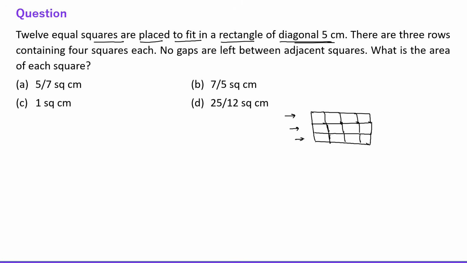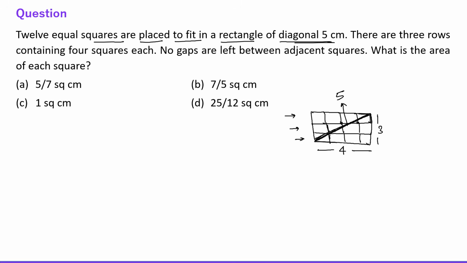No gap is left. So let's say this is 3 and this is 4. The ratio will be 3 to 4. And the diagonal they are saying is 5.